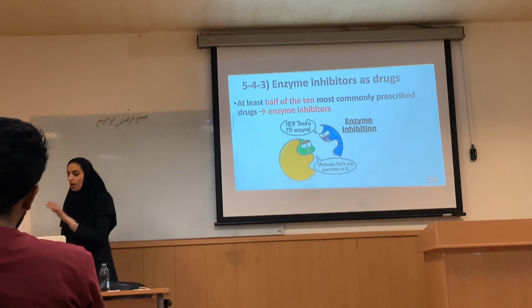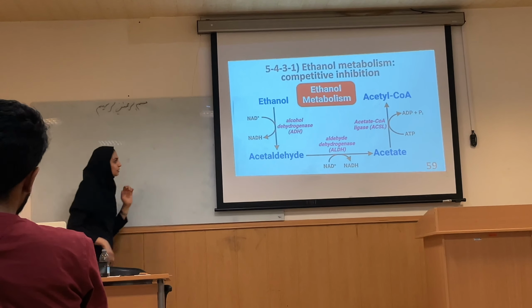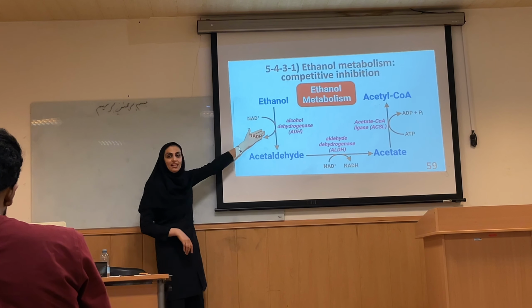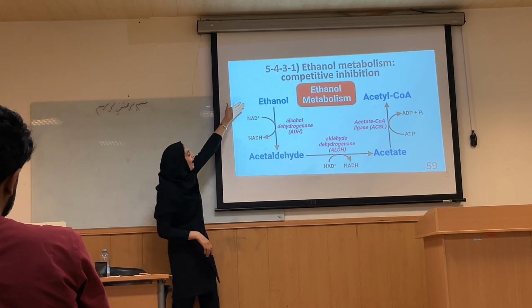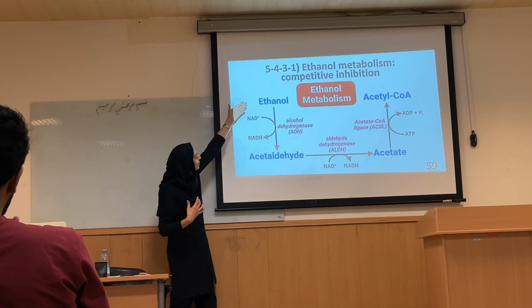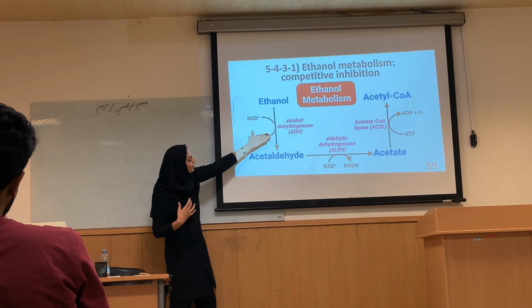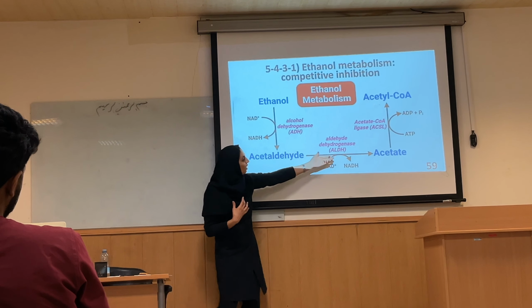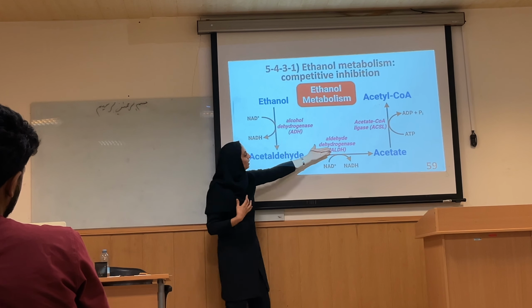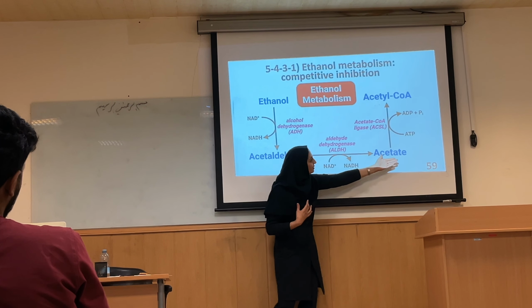I want to tell you about ethanol metabolism and competitive inhibition. Guys, you can see here the ethanol metabolism. At first, when a person uses ethanol, ethanol is converted to acetaldehyde by alcohol dehydrogenase, and after that, by another enzyme called aldehyde dehydrogenase, the acetaldehyde is converted to acetate.